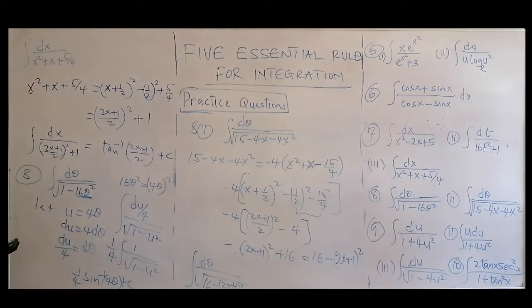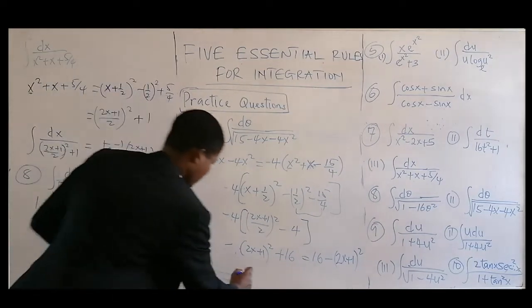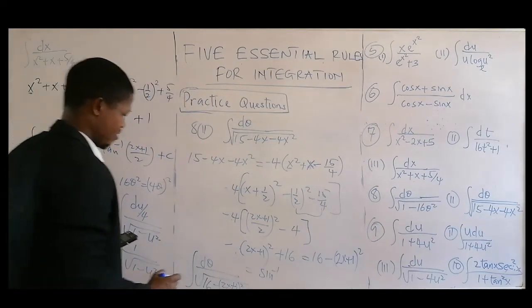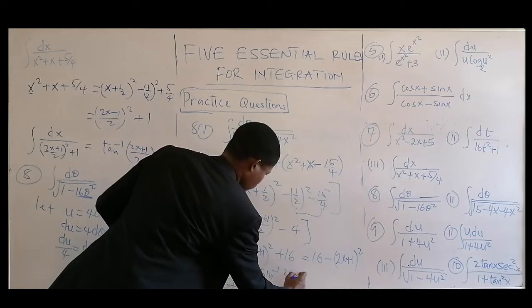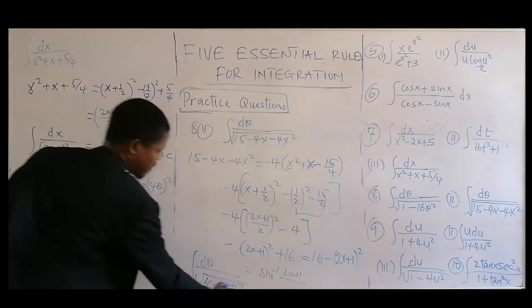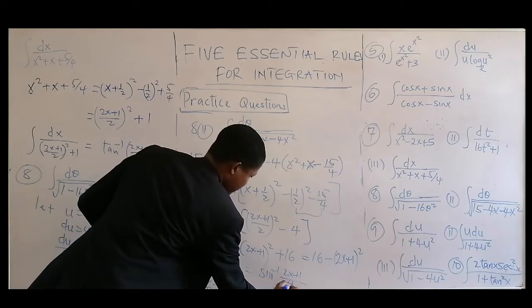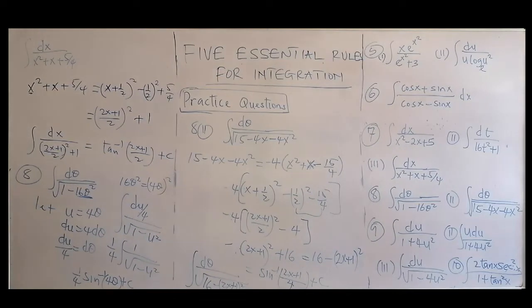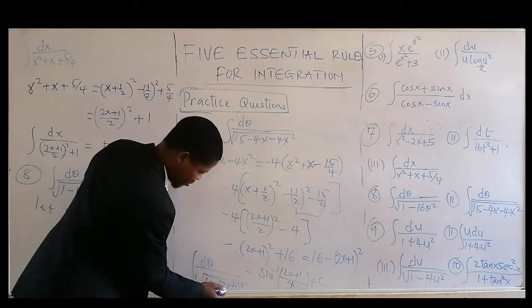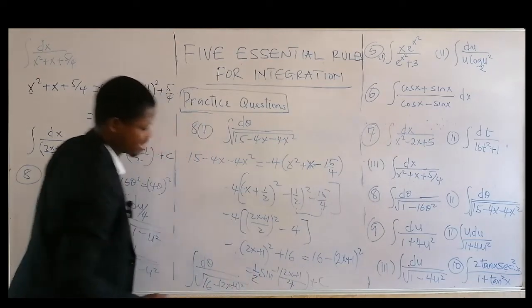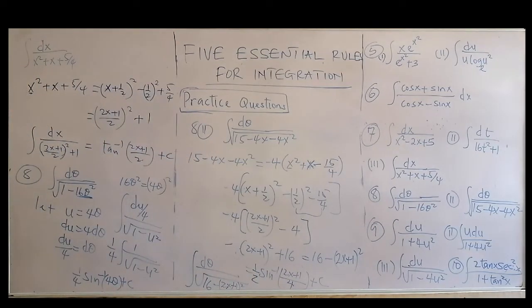So that's what we got now, and that will be equal to arcsine of (2x plus 1) over the square root of 16, which is 4, plus c. Okay, there's an attachment to the variable here. There's a 2 attached to the variable, so that's 1 over 2, divided by that attachment. That's 1 over 2. Okay, so that's that.